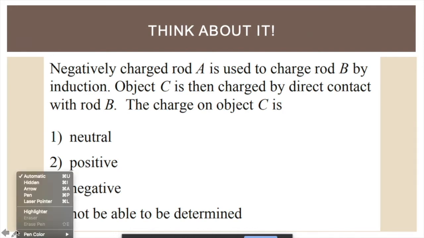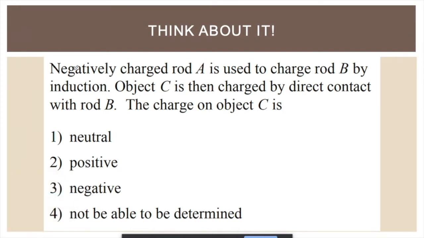So they tell us here that this negatively charged rod A is used to charge rod B by induction. As we just said, when an object is charged by induction, it gets the opposite sign from the charging object. So since the charging object here is negative, rod B is going to get the opposite sign. So rod B is going to be positive.